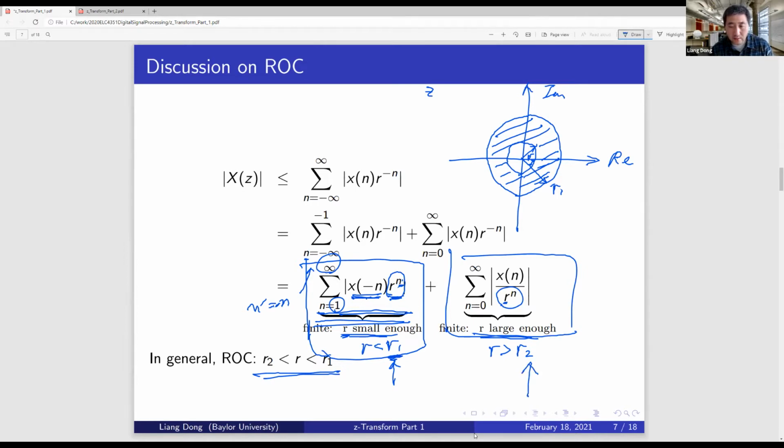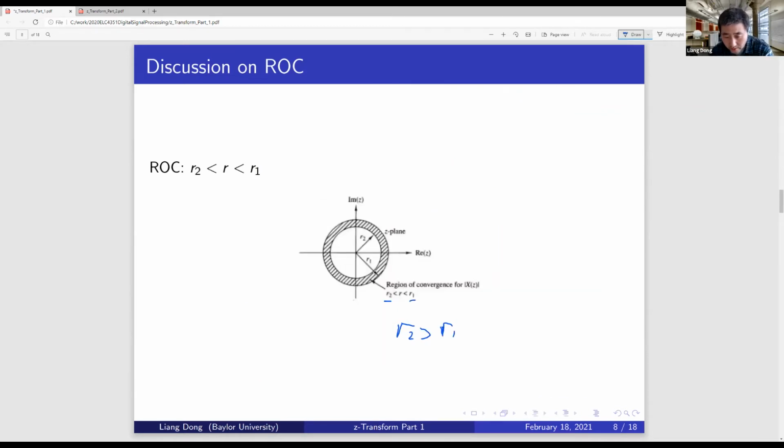But these numbers are determined by your samples, and they are arbitrary. I can have any time domain signals coming in. So sometimes you will make R1 greater than R2, which is fine. Sometimes you will make R1 smaller than R2. What will happen in this case?